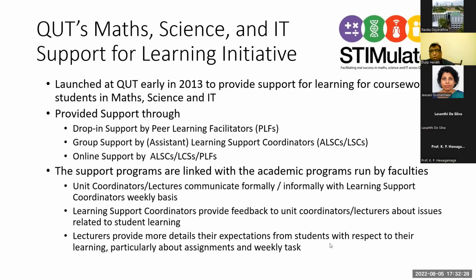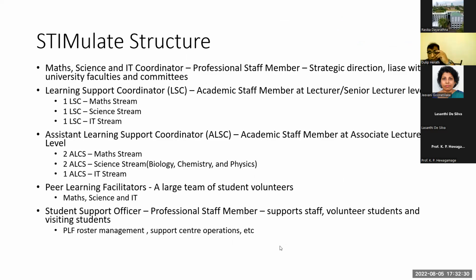So again, a little bit more about the structure. I think this may be useful if anyone is interested in implementing something like this at UCSC or in a Sri Lankan University. So this is the organization structure. At the top level, there's a professional staff member.